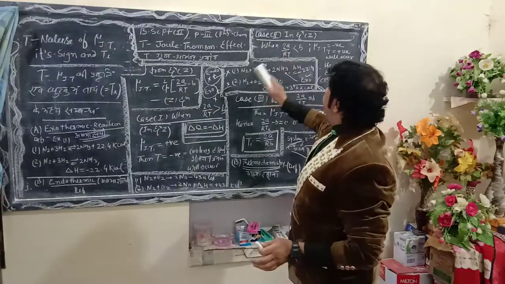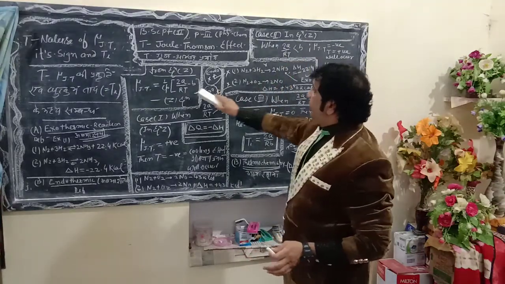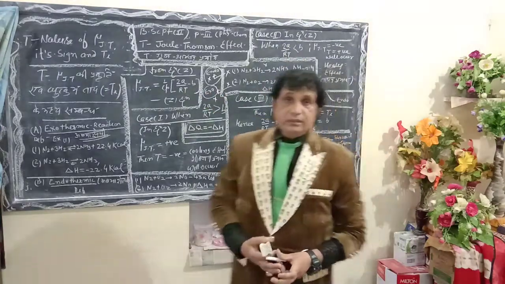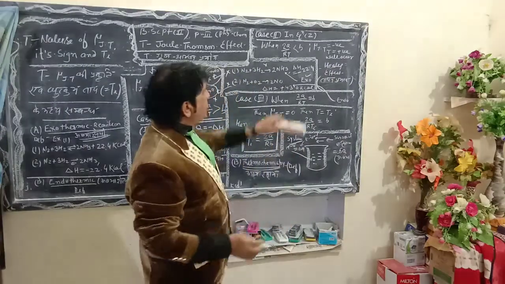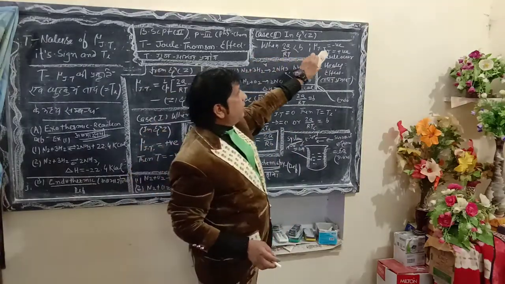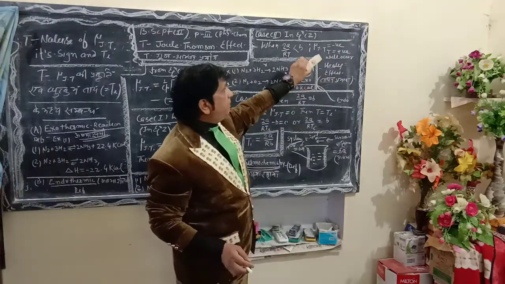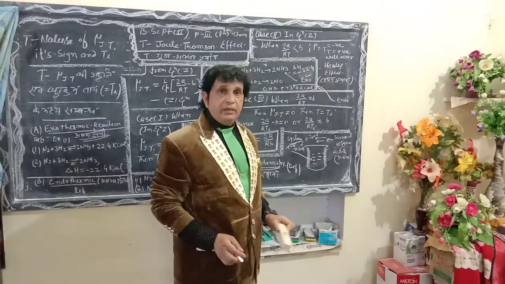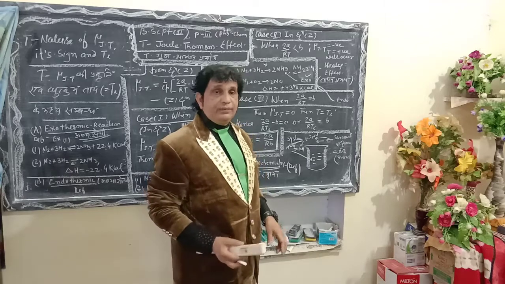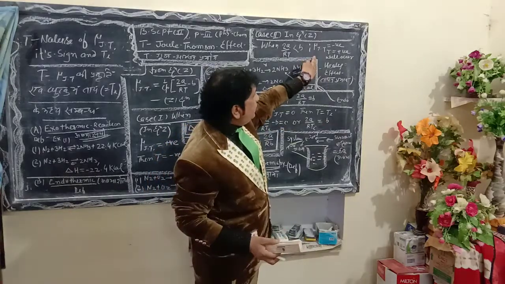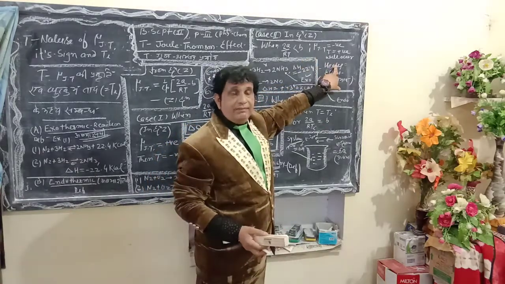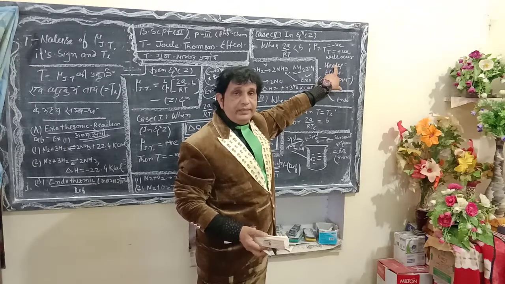Case second in equation number Z: if 2a upon RT is less than b here, automatically mu-J-T will possess a negative value and temperature a positive value, indicating that a heating effect will occur. Once again, listen to me, dear students.